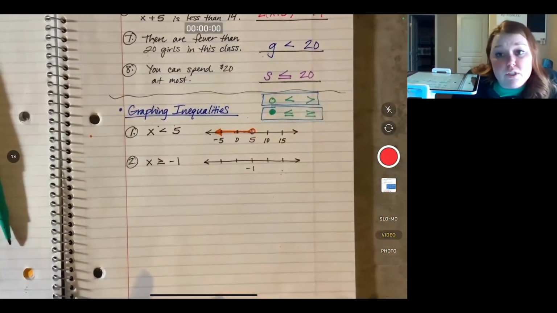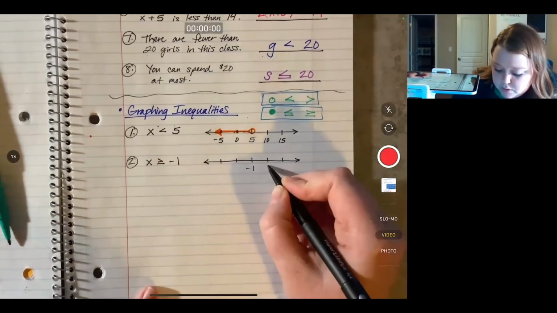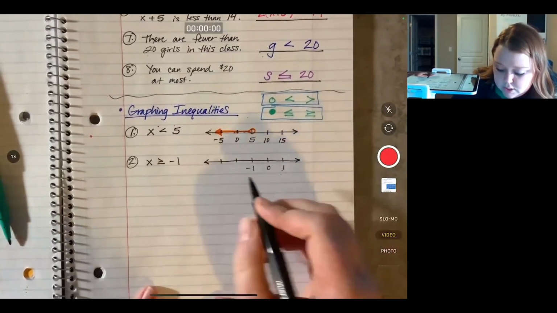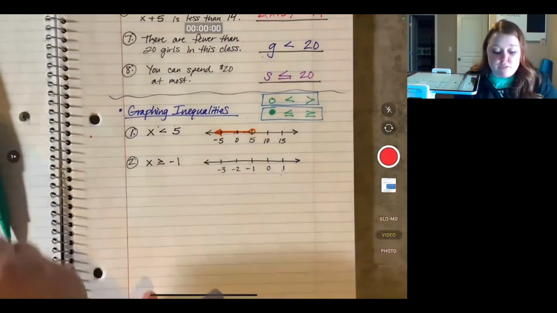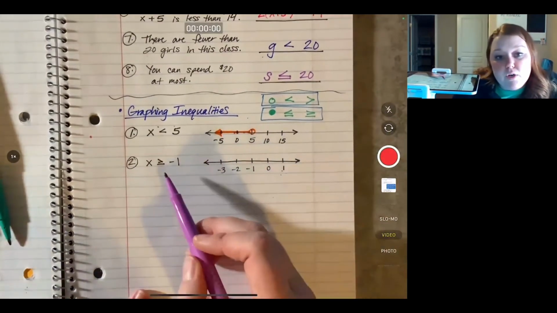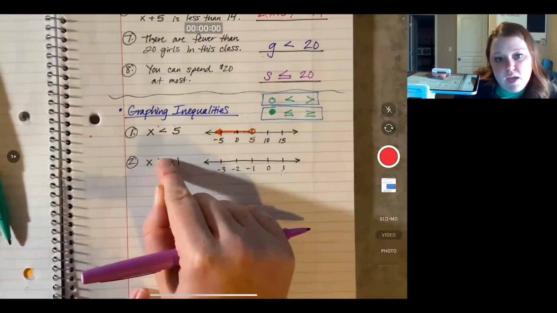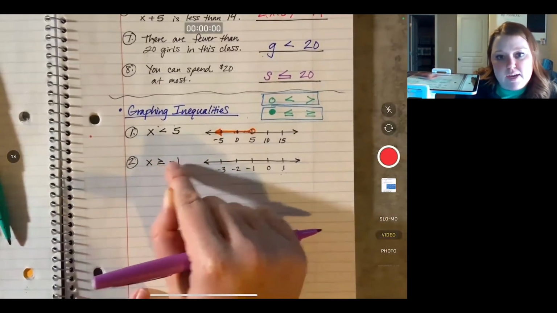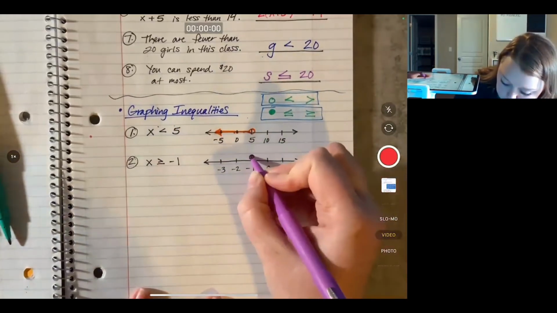You can count by 1s, 2s, whatever. I'm going to count by 1s in this case. So to the right would be 0 and then positive 1. To the left of negative 1 would be negative 2, negative 3. Pause the video if I'm doing that too fast. And then when we go to graph it, here's what I start doing. I look at this symbol and go, okay, is that open or closed? In this case, it's closed. So we're going to have a closed circle at negative 1.